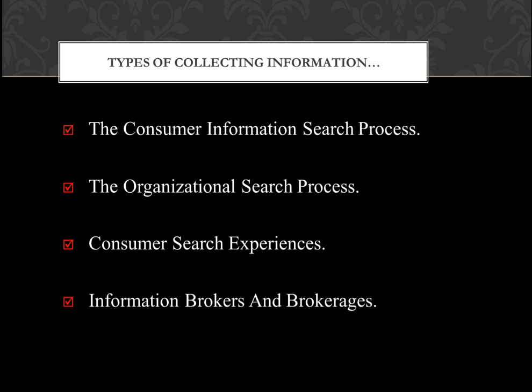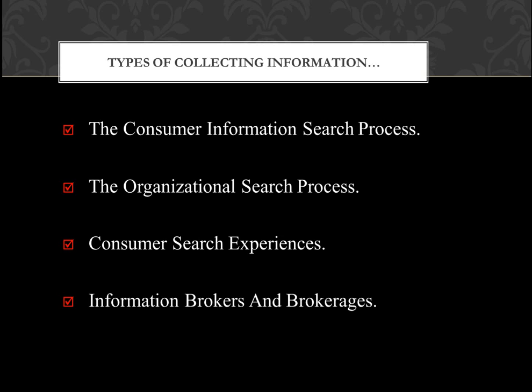So, types of collecting information. Now we know these are types of purchases. We are going to buy something. How are you going to collect information based on that? That will be based on the consumer information search process, or maybe the organizational search process. You look for consumers' reviews, and then you decide to buy a product.